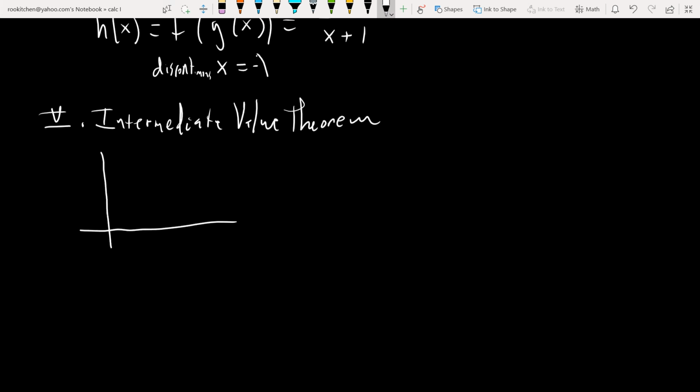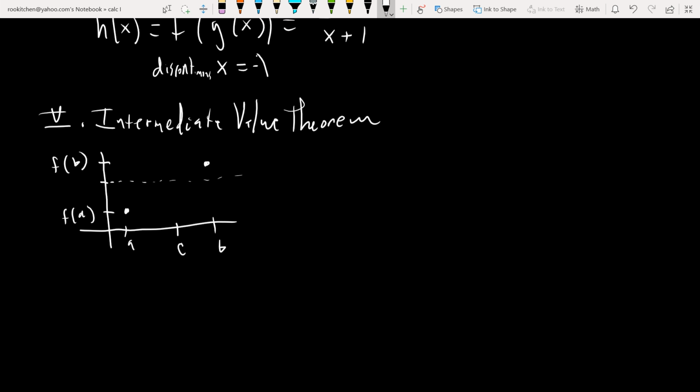Basically, if you have a continuous function on some closed interval, like a to maybe b here, and it starts at f of a, and f of a is maybe less than f of b, and it's continuous, that's going to mean that for any value in between f of a and f of b, there will exist some c value such that f of c will equal that particular value in between.